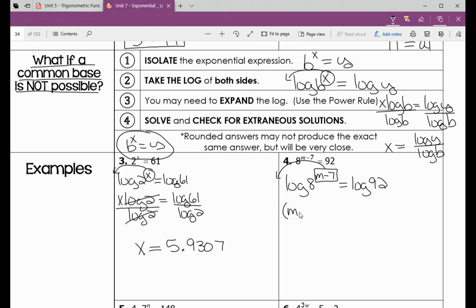So that gives me m minus 7 times log of 8. Notice how I kept my exponent as a group. And that is equal to log of 92. Since log 8 is being multiplied, I'm going to resist the urge to distribute, and I'm going to divide both sides by log 8.